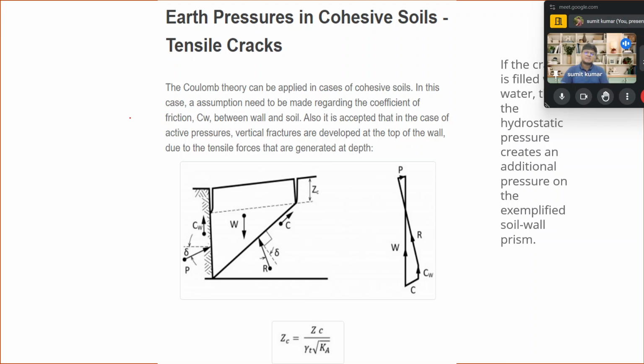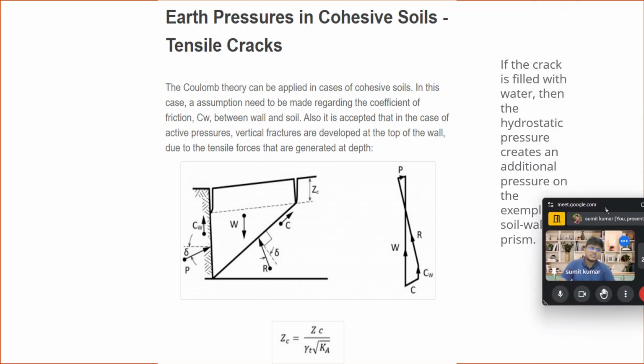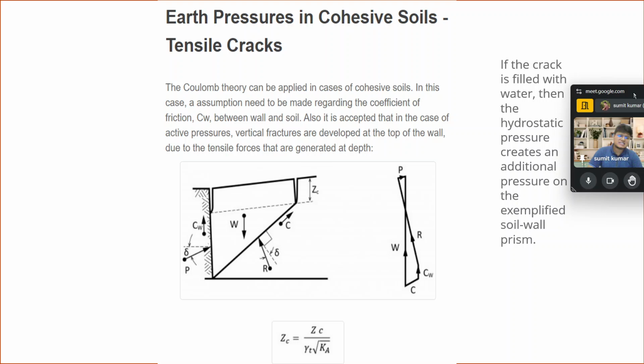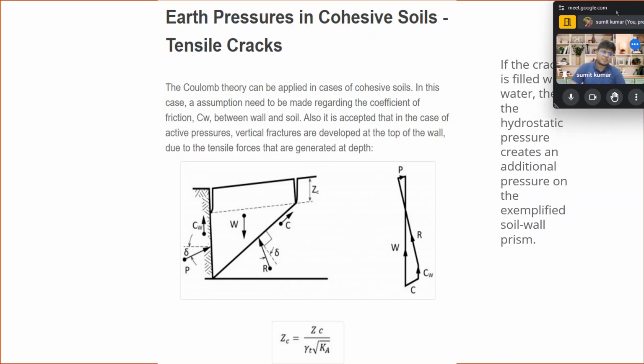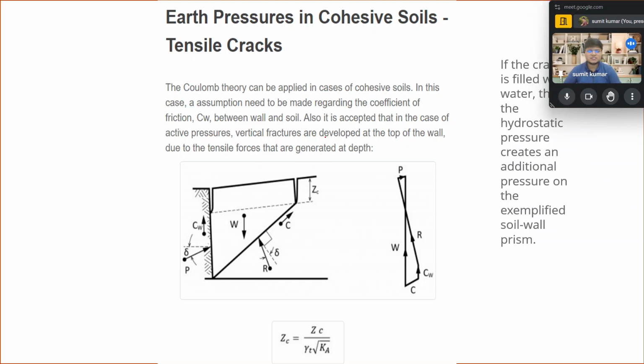Also, it is accepted that in the case of active pressure, vertical cracks develop at the top of the wall due to the tensile forces generated at the depth. If the crack is filled with water, then the hydrostatic pressure creates an additional pressure on the wall. So those are also problems associated with these types of things.